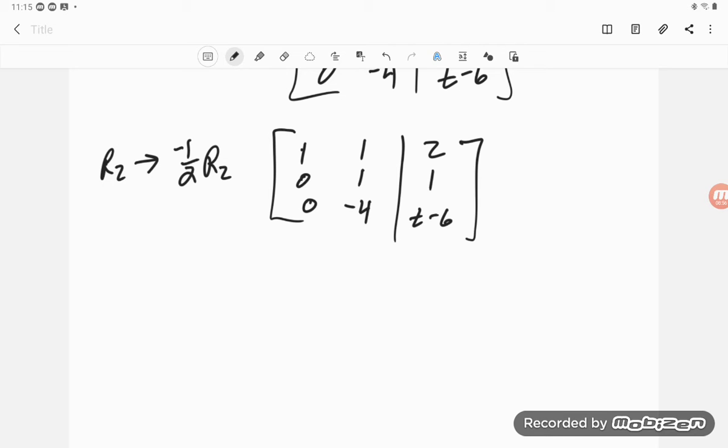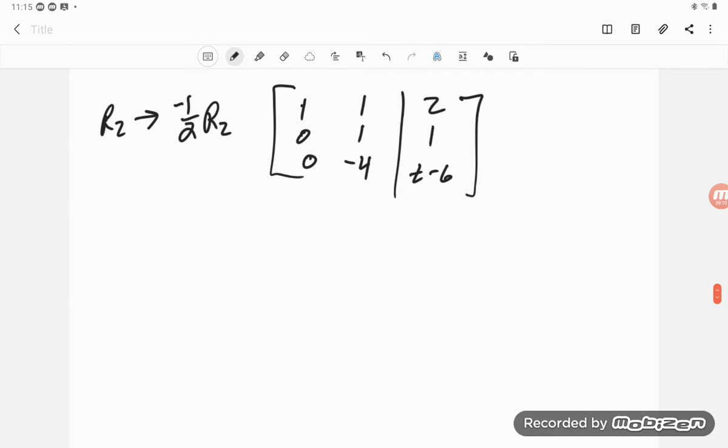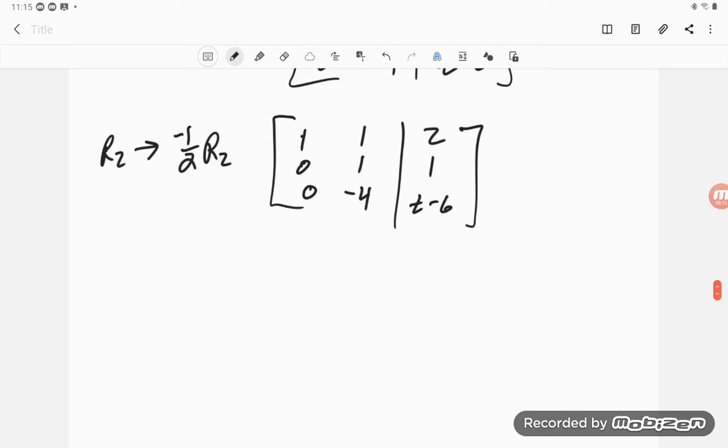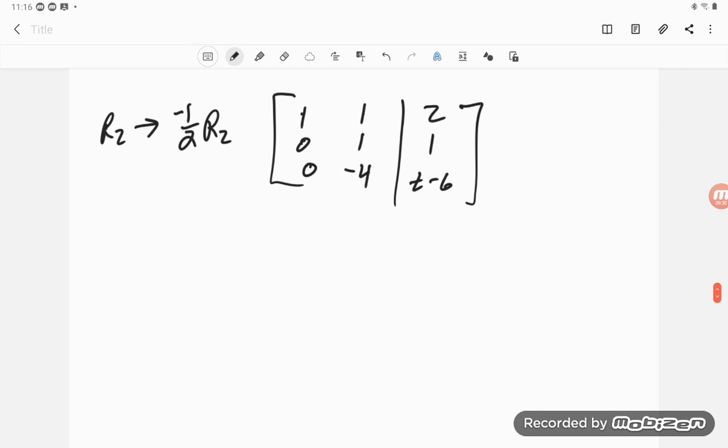And I'm not sure I agree with their row echelon form, not reduced row echelon form, but their row echelon form. I think they made a mistake, so I'm glad I'm doing this. We can also check this with Sage, but the problem is in their next step, they go to a third row of 0, 0, and t minus 2.